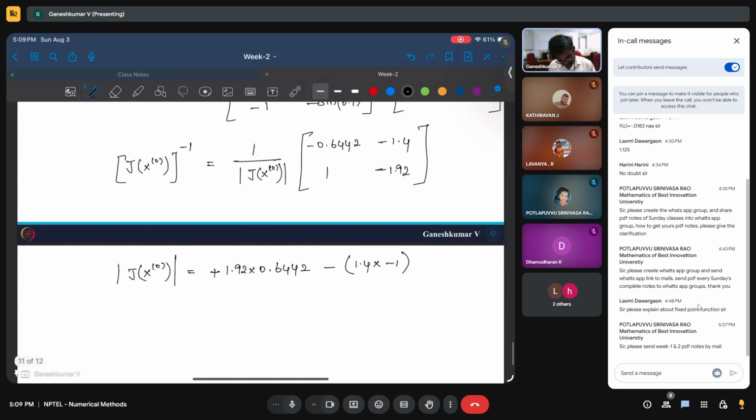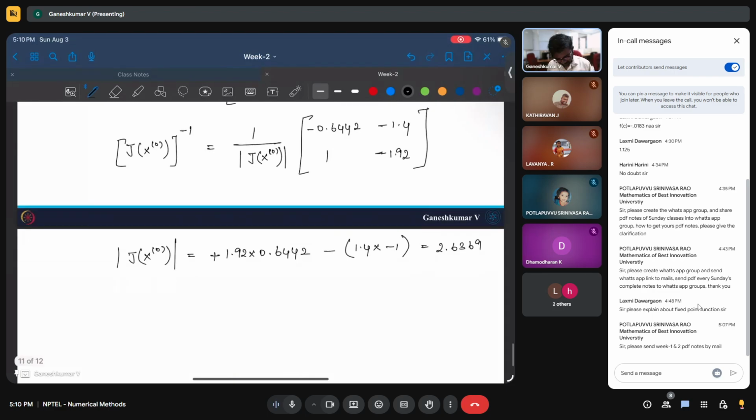Okay, so this will come something around 0. How much is this coming out to be? 1.92, 0.6442 minus plus 1.4. This comes out to be 2.6369.